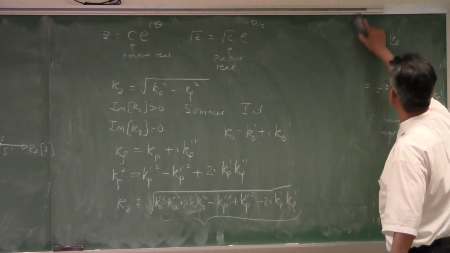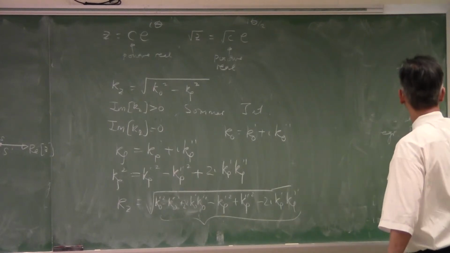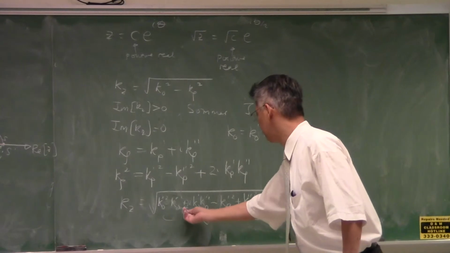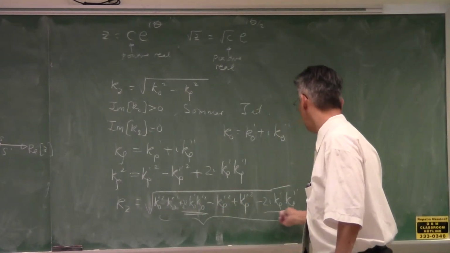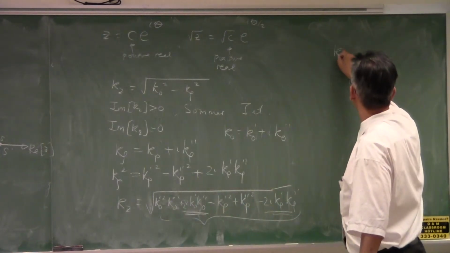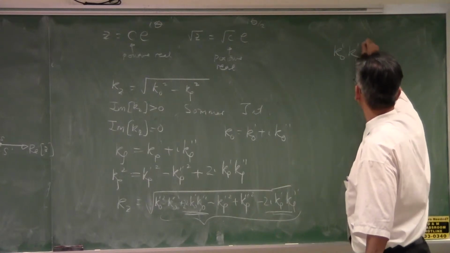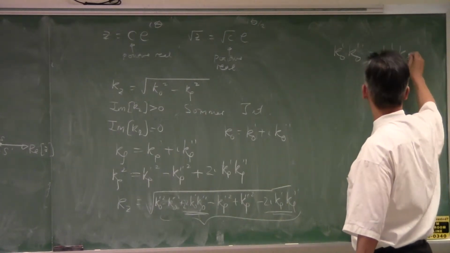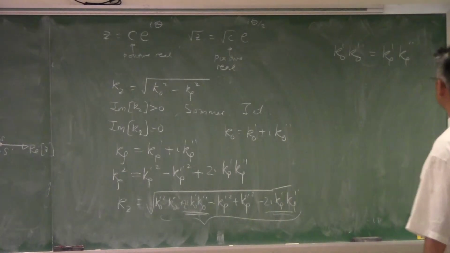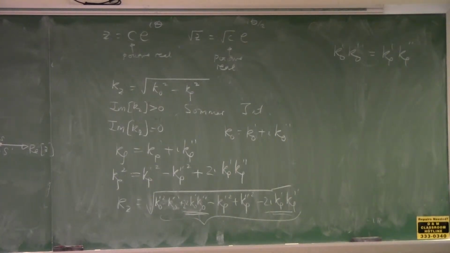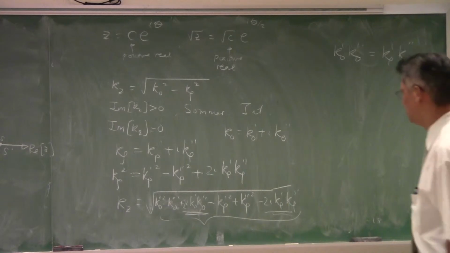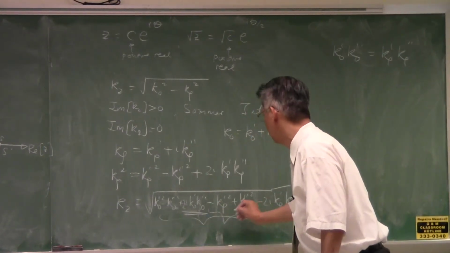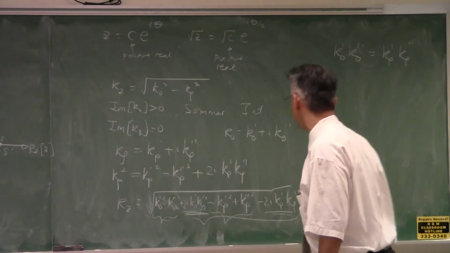I want to make sure that this square root always gives me a pure real number, so that its imaginary part is equal to 0. So the imaginary parts must cancel each other. One condition is that k0 prime k0 double prime is equal to k rho prime k rho double prime. The other condition is that this real number over here must be less than this real number over here.